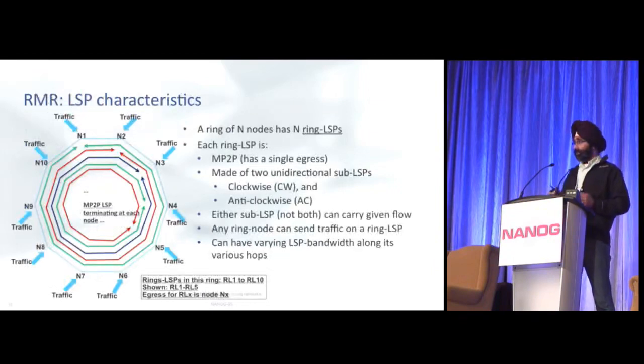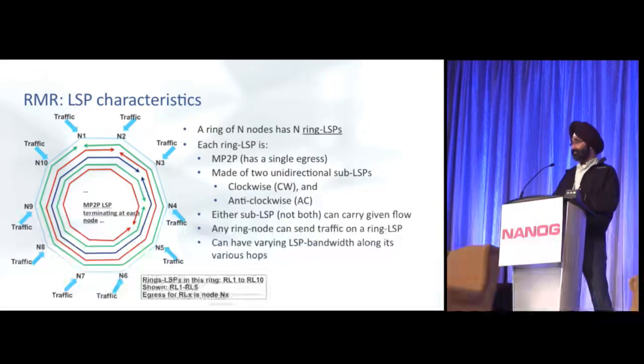So basically, what is an RMR LSP? What are its characteristics? In this ring of 10 nodes, N1 to N10, there will be N ring LSPs that will signal themselves once the ring is auto-discovered and the self-configuration process has finished.